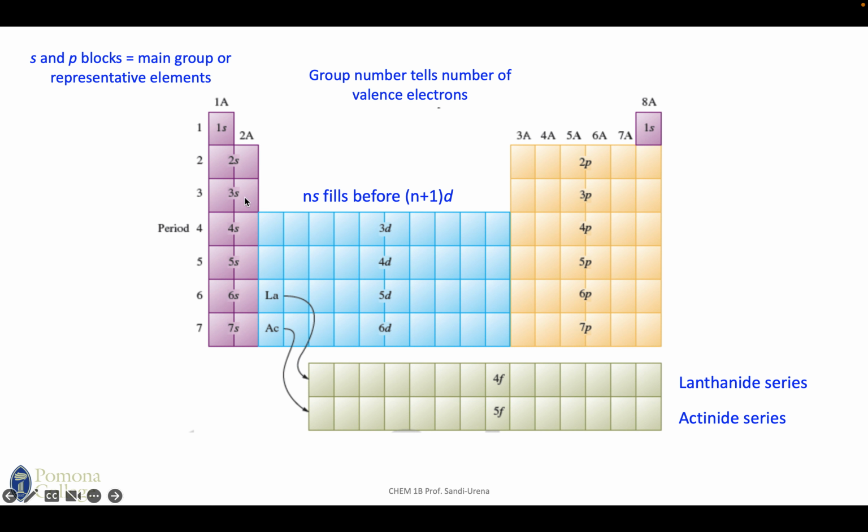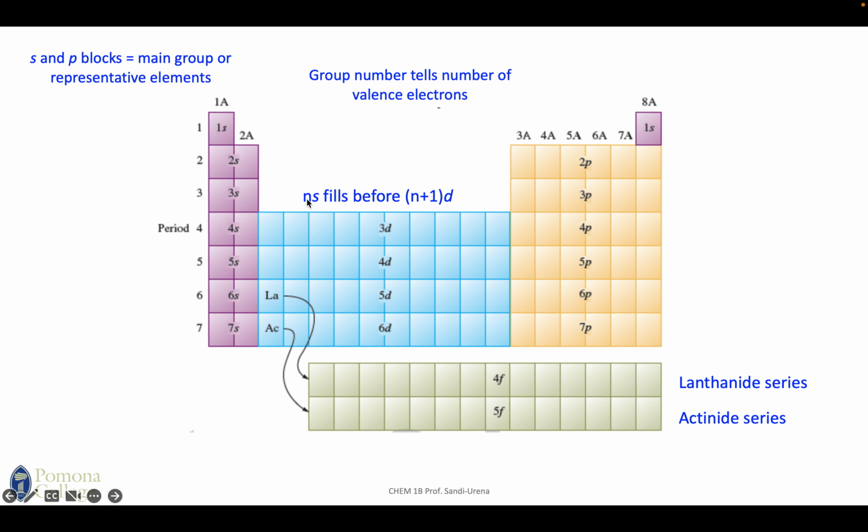Things that the textbook highlights here, for instance, is that the ns orbitals fill before the (n-1)d orbitals take up any electrons. What does that mean? It means we have 4s here, and I just realized that it seems like this is backwards.